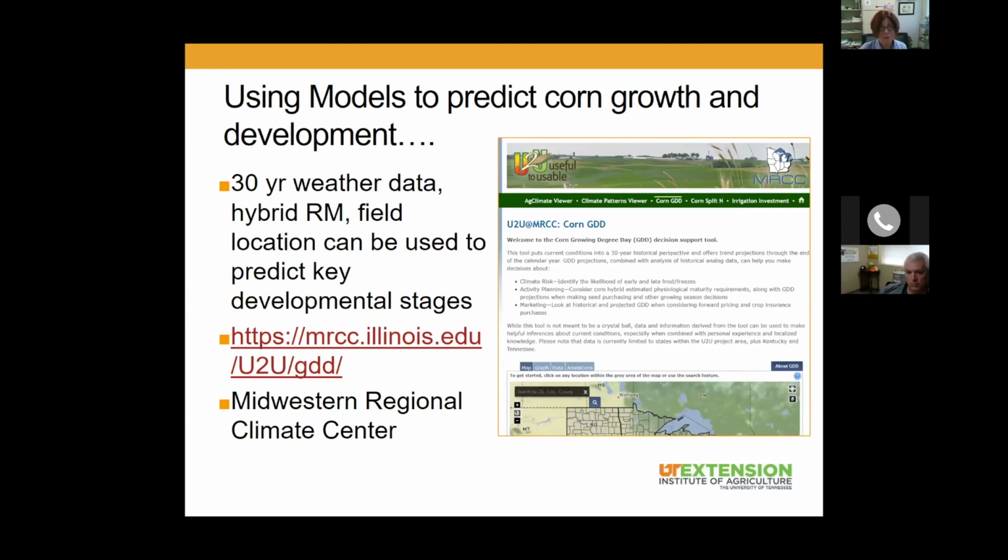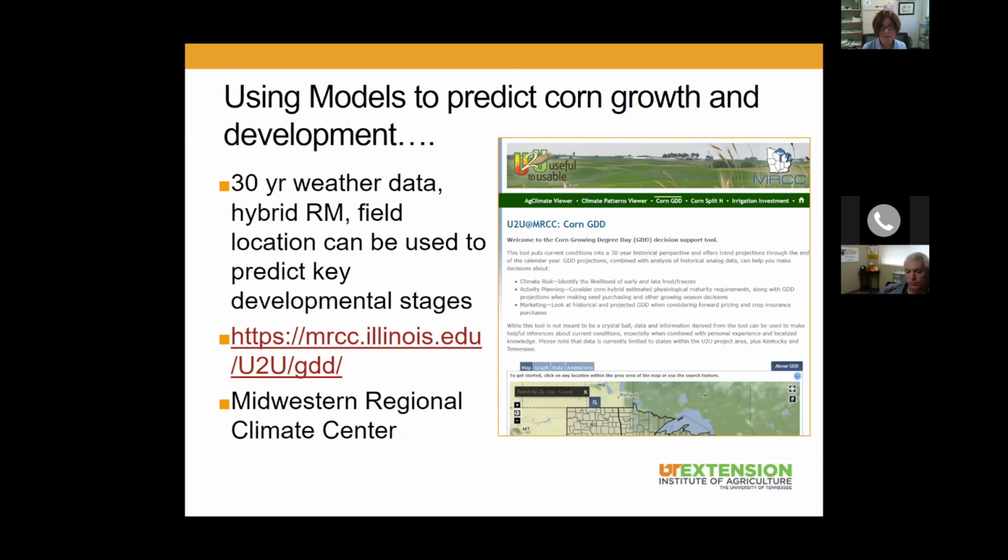The thing that we do, and I know we all are real good about this, is we go out and look at corn when we're trying to figure out how far along it is and when it might be ready to harvest, some of those things. But there are some consultants and companies that offer services to producers where they use long-term weather data to try to predict some key growth stages and make management decisions from a distance.